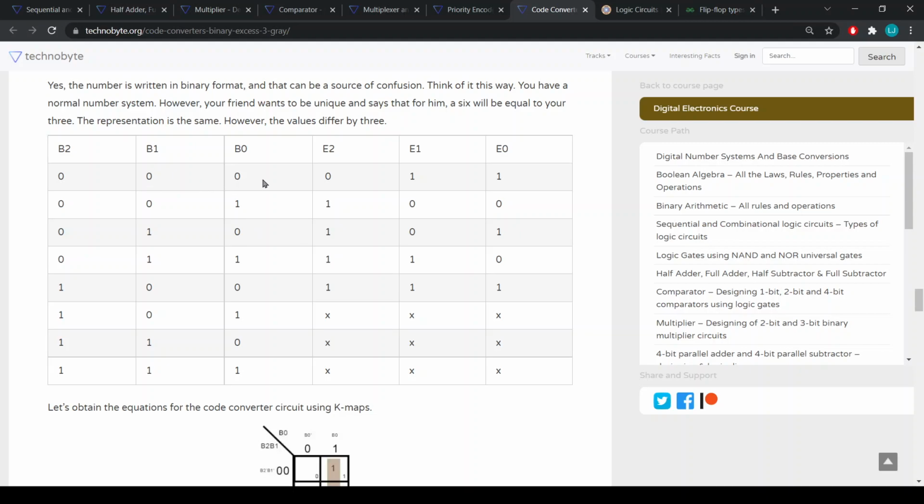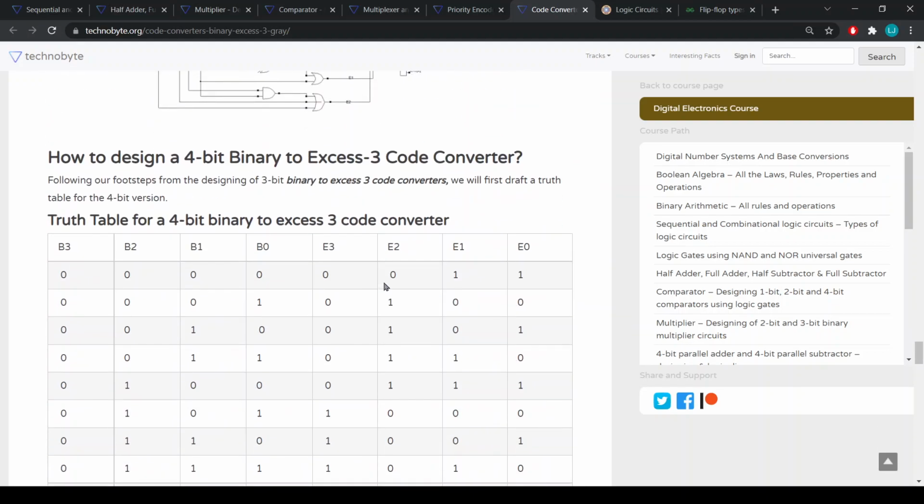So for 0, 0, 0, you add 3, so 1, 2, 4, so 1 plus 2 is 3. Then for 1, you add 3, so this will become 4. For 2, you add 3, then you have 5. So 1 plus 4 equals 5. Then for 3, you add 3, so this will become 6. 2 plus 4, 6. So that's it.